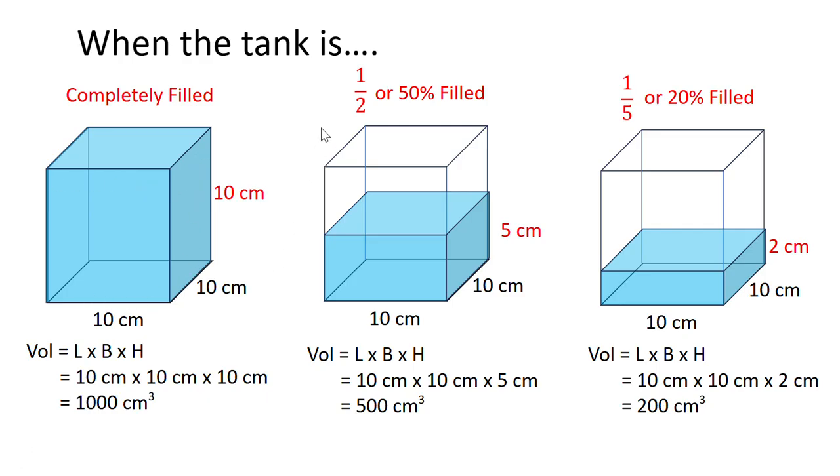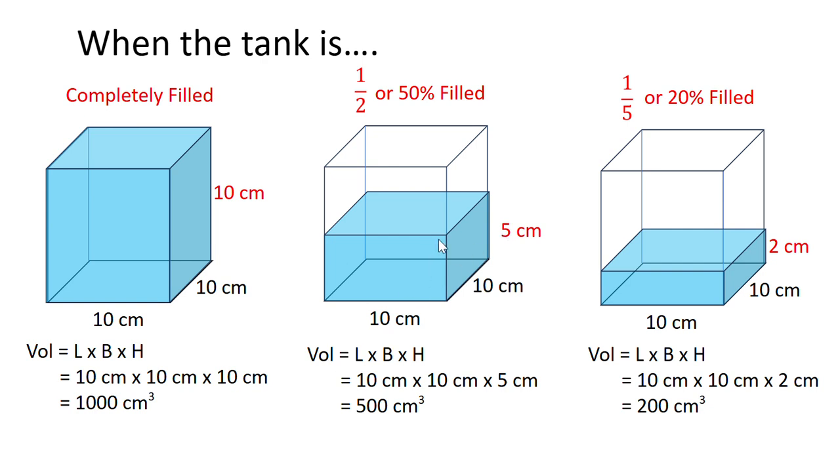Okay. When the question says that the tank is half filled, or if you have learned percentage, they sometimes say that it's 50% filled. What it means is that if the height is 10, half of the height is 5 centimeter. So the height of the water is 5 centimeter, or 50% of 10 is 5 centimeter.